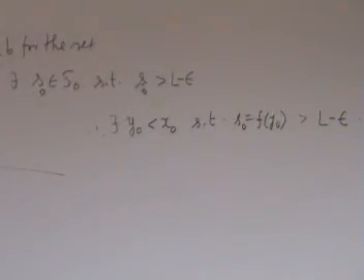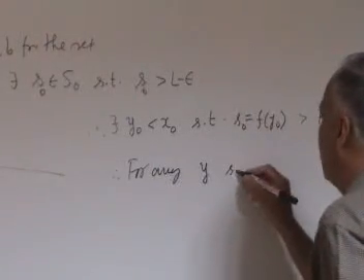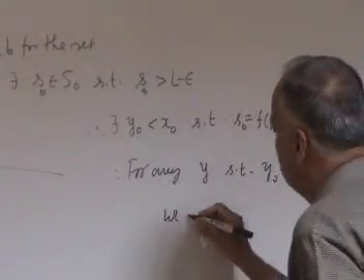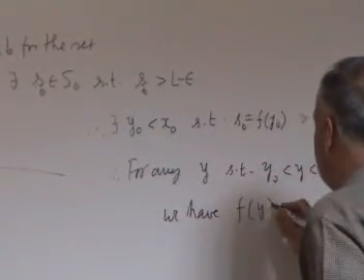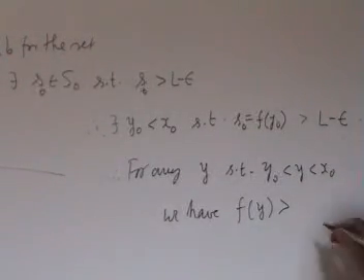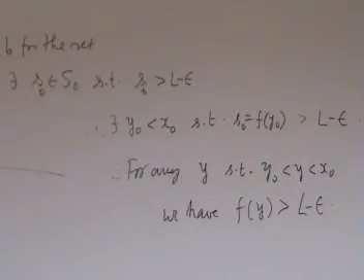Now if f of y naught is greater than L minus epsilon, if I go to the right of y naught and look at any other y, f of y will be greater than f of y naught, and therefore that will also be. So therefore, for any y such that y naught less than y less than x naught, we have f of y is greater than L minus epsilon.